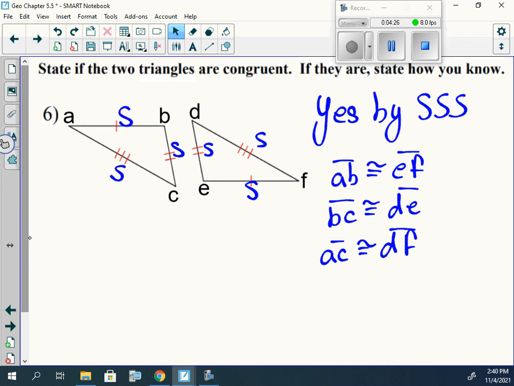But that's it. We don't have to do the congruency statements because it's not asking for it. State how you know: well, by side, side, side, because we have three sets of sides that are congruent. And that's it. Questions on this here?